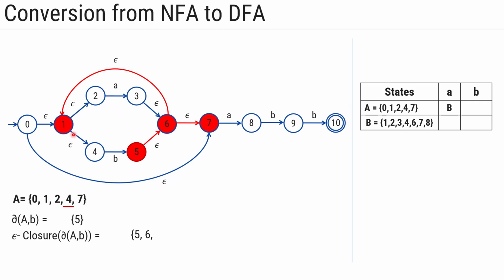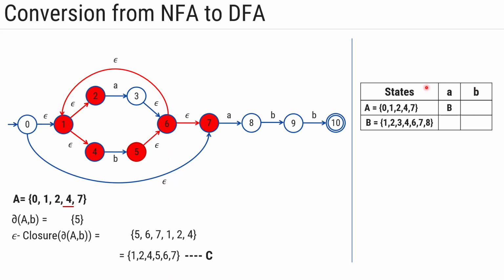Then from 1 you can reach 2 as well as 4. So all of them you have to include here. So we can rewrite 1, 2, 4, 5, 6, 7, which is not similar to A and B, so you give it a name C. That means we get new states A, B and C.